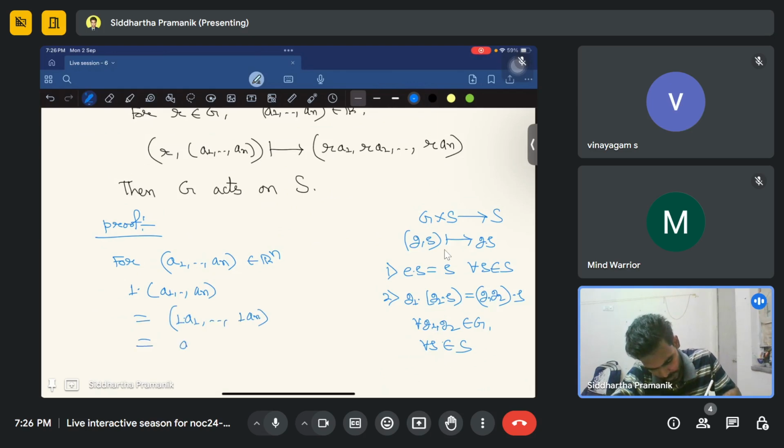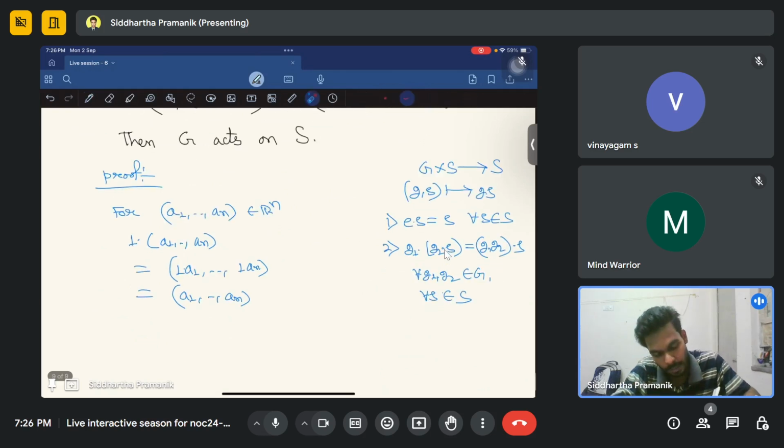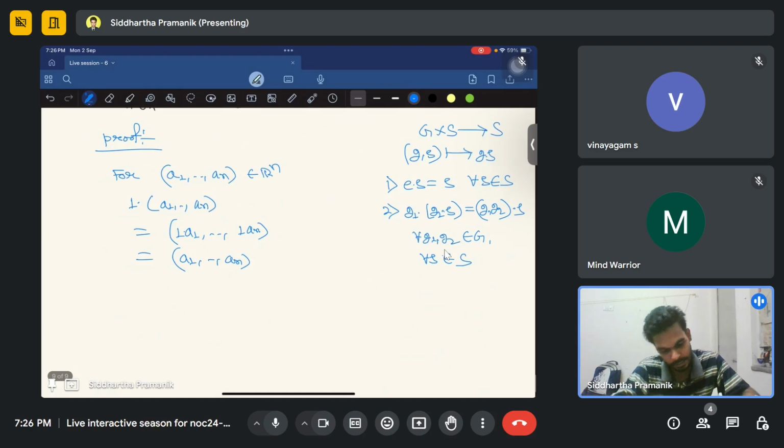So this is the same as (a1, ..., an). So the first axiom is satisfied here. So it is trivial, right? So let's see the second one.